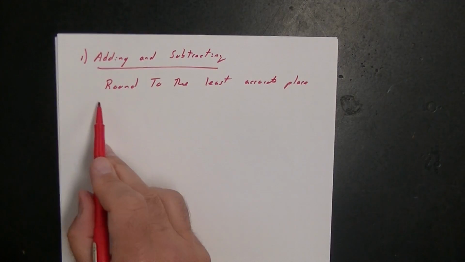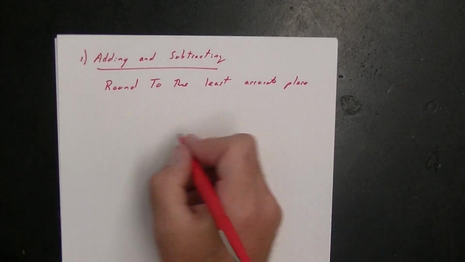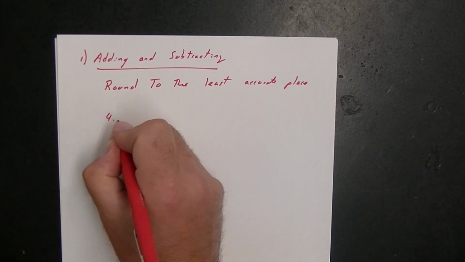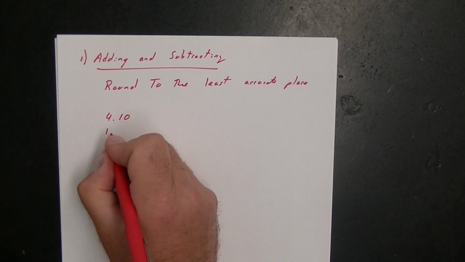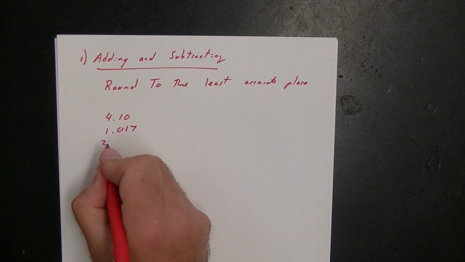Let me show you. Let's say we have 3 numbers that we're adding: 1.01, 1.017, and 2.3.